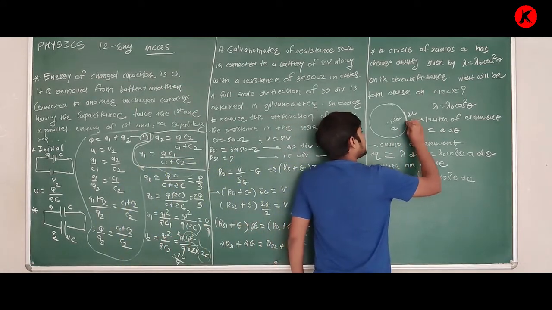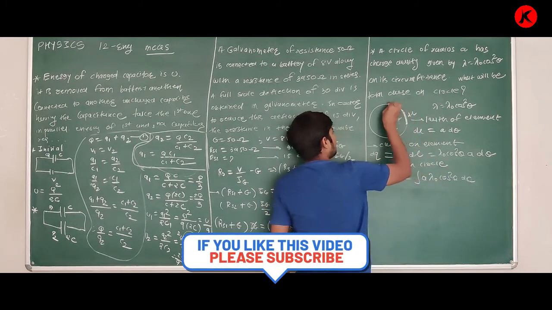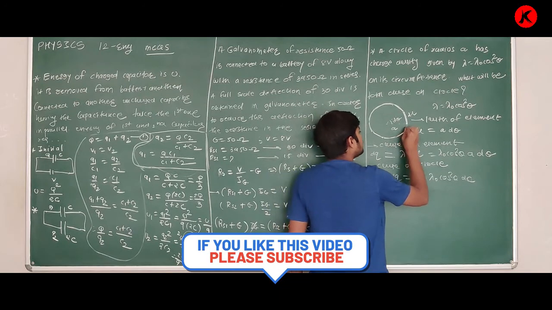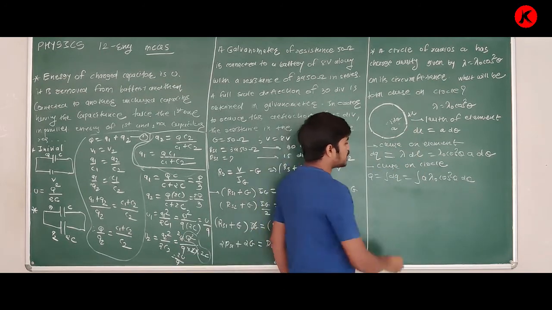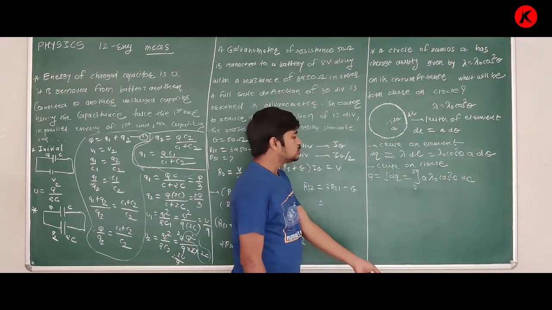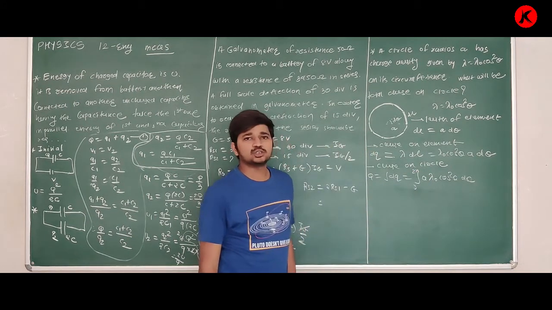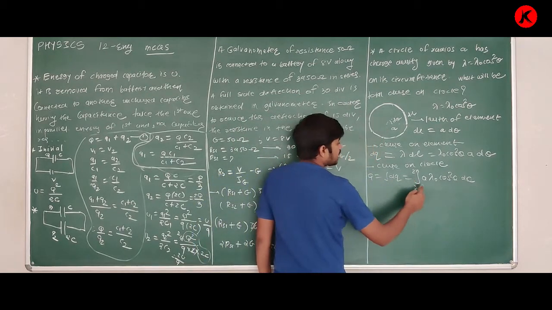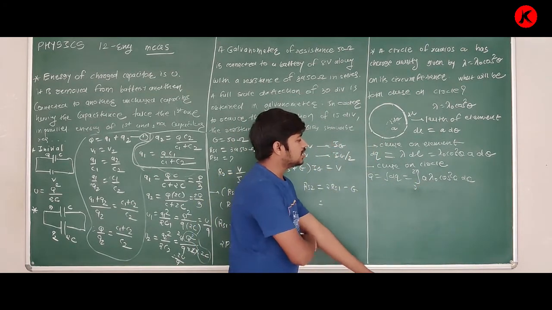If I am starting elements from this element, then these elements are between 0 and pi by 2, because integration is with respect to angle. So it is 0 to 2 pi, a lambda 0 cos square theta d theta.